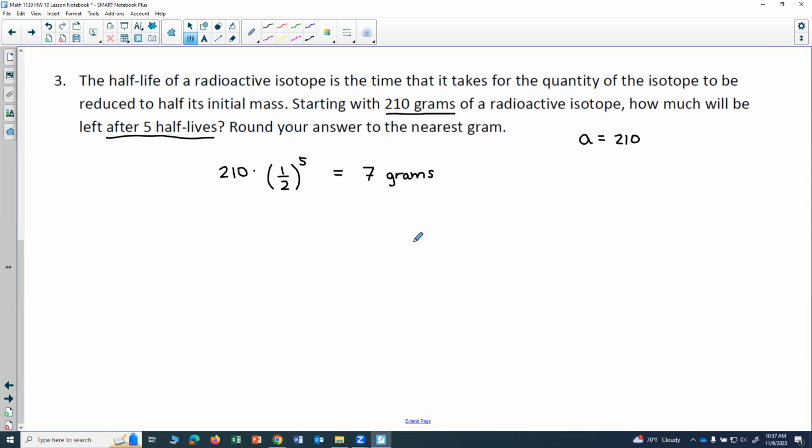So this was a little bit different than the previous ones. Although you could think of it as a rate of 50%. And so if you wanted to set it up using this, f of x equals a times 1 minus r to the x, you could think of the rate as being 50%.